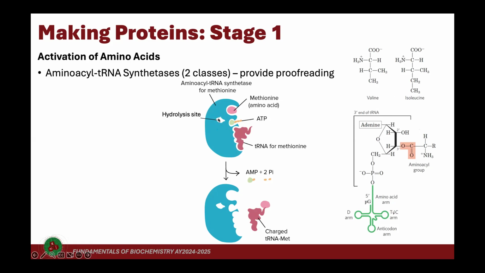Because valine fits snugly into this hydrolysis site, the synthetase will hydrolyze valine. It will remove valine from the tRNA molecule, and then it will be ready for another round of synthesis, hoping that it will be isoleucine that binds this time. This is a very smart move by nature to provide the correction, the proofreading stage, early on, even before you start protein synthesis.